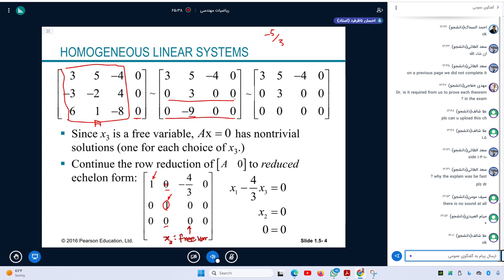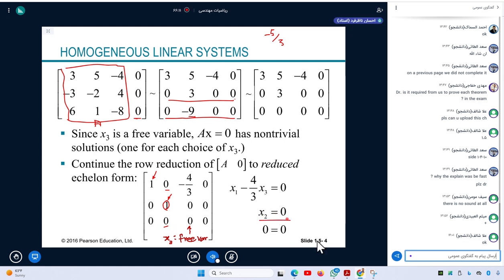If you change this to linear equation notation, x2 is 0, and x1 minus 4 by 3 x3 becomes 0. For the third row, this is a consistent equation, so it doesn't change anything.